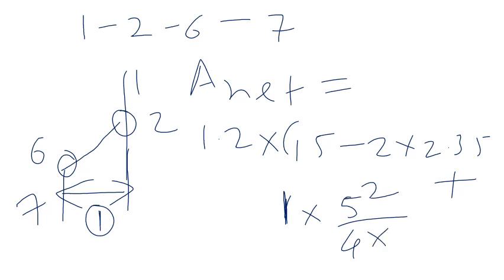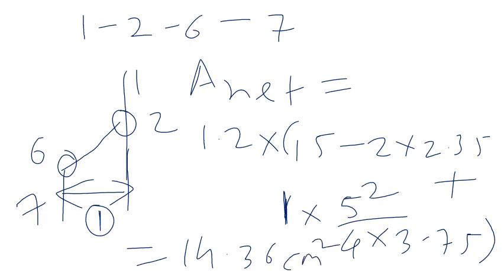In this case it is 3.75. So if we calculate, this area will come to 14.36 centimeter square. So this is for the failure along 1, 2, 6, 7.